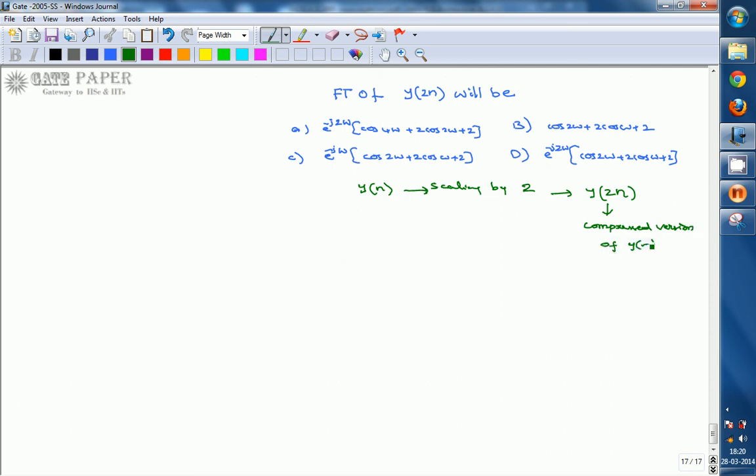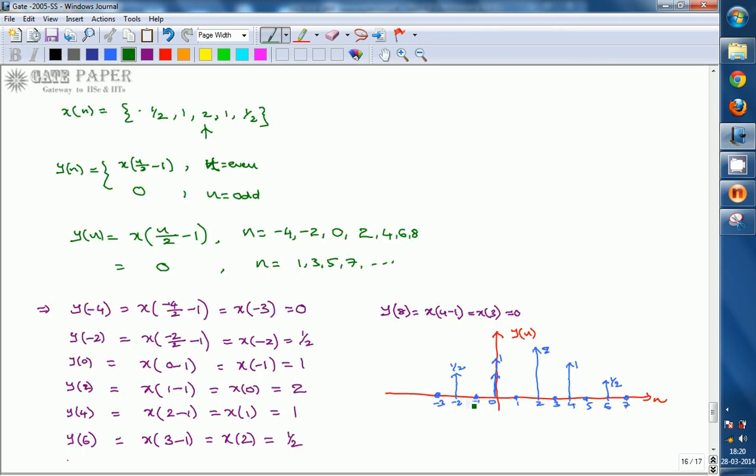So by finding this y of 2n, we'll get the sample values at -1, 0, 1, 2, 3, because we have the sample values of y of n at -2, 0, 2, 4, 6.